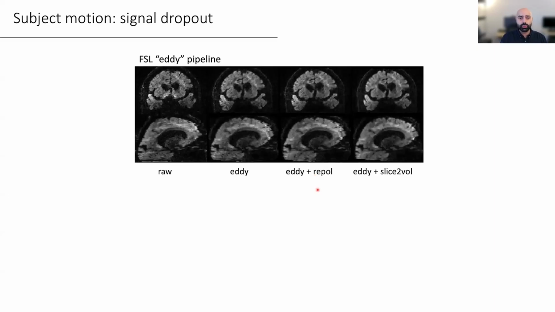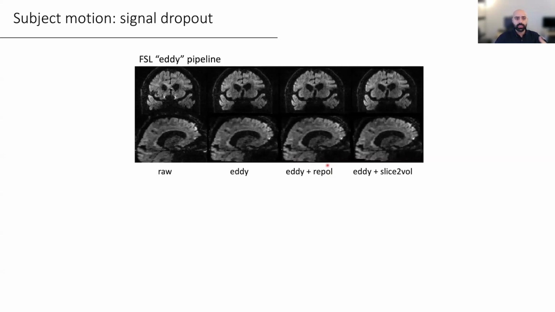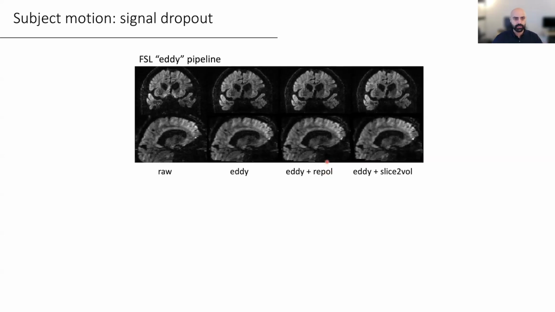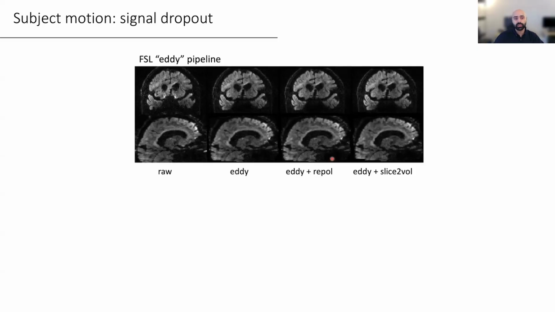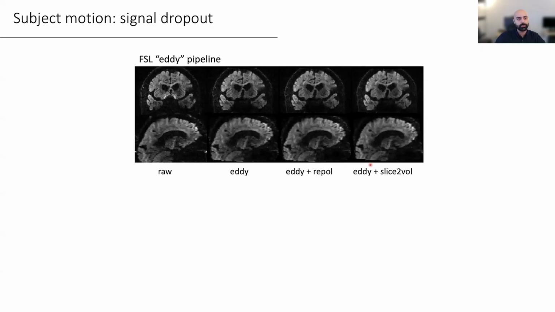Because eddy's internal model is based on a predictive model of the diffusion signal, it can actually generate what the signal should look like based on the redundant information present in the entire diffusion series. So it's pretty useful, and we can fill the gaps where we have them, as long as the data quality overall is acceptable.